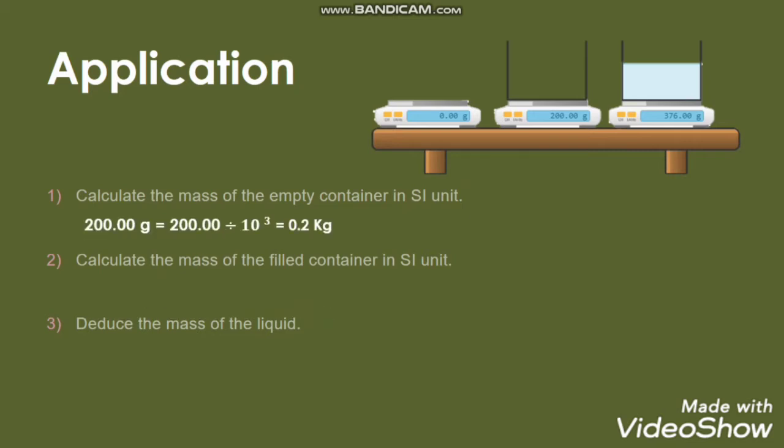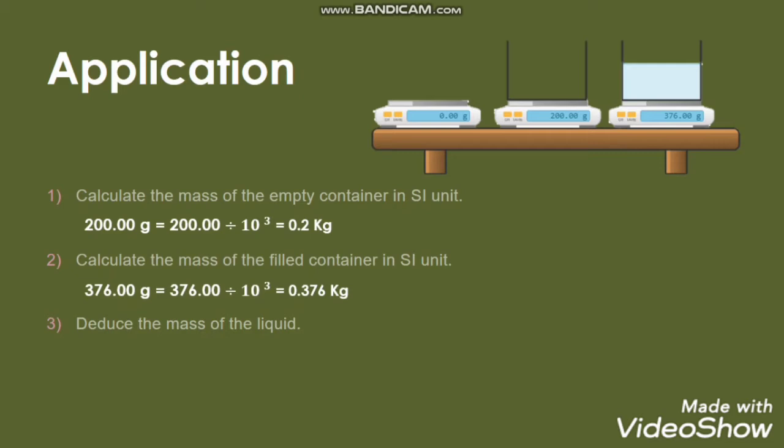So the answer is 200 divided by 10 to the power 3, which is 0.2 kilogram. Number 2. Calculate the mass of the filled container in SI unit. Same process. We have to convert the mass from gram to kilogram. Then 376 divided by 10 to the power 3 is equal to 0.376 kilogram.